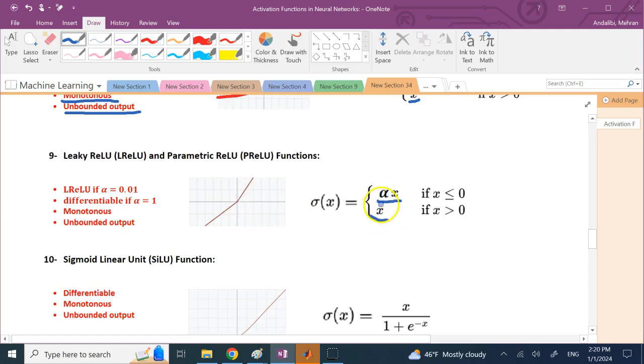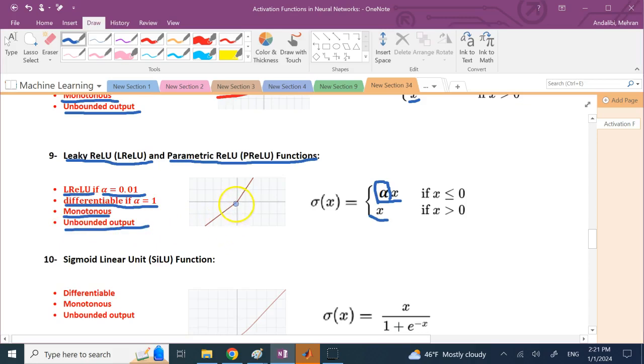Now, if this parameter alpha is chosen to be 0.01, then we call it a leaky ReLU function, or LReLU. If this alpha is other than 0.01, in general, we might call it parametric ReLU function, or PReLU function. It is monotonic. It is differentiable if alpha is equal to 1. So the leaky ReLU function is not differentiable. And of course, unbounded output.